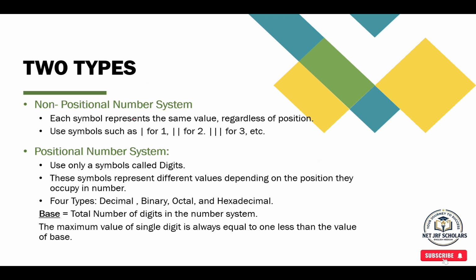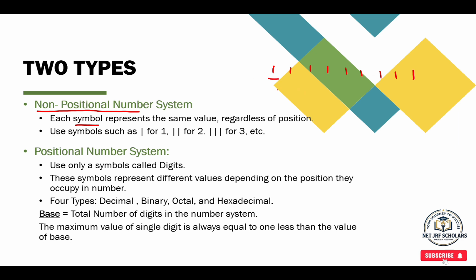First, we will try to understand what the positional and the non-positional number systems are. In the non-positional number system, each symbol represents the same value regardless of position. The symbols here are lines.